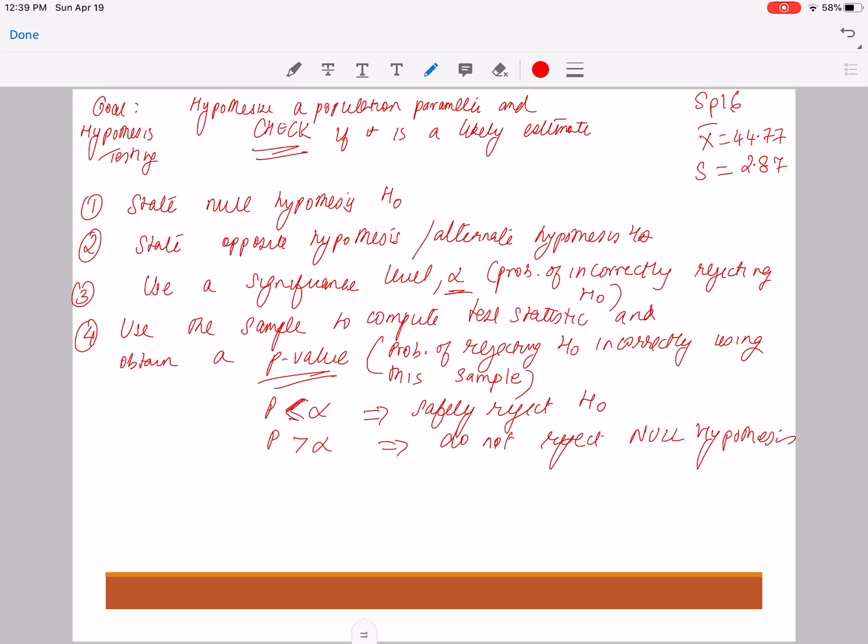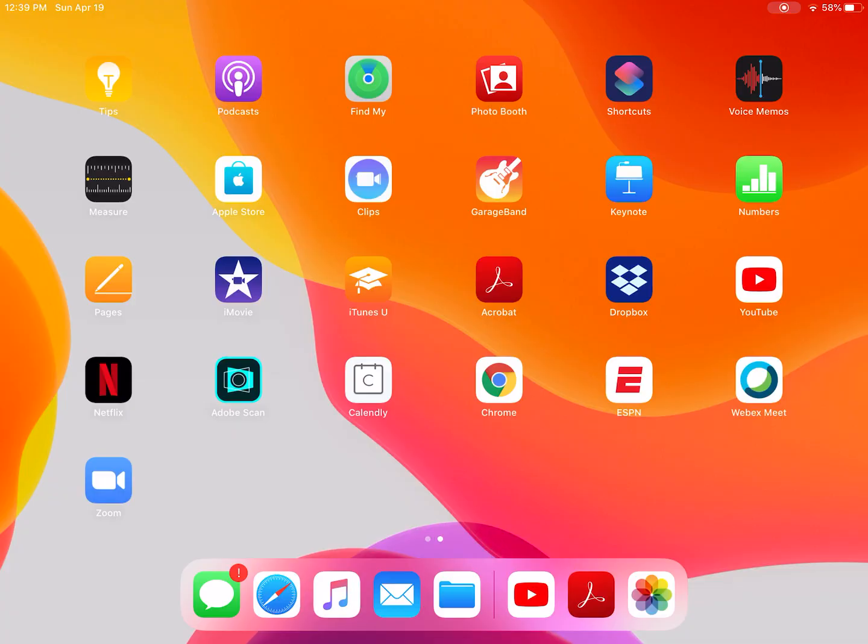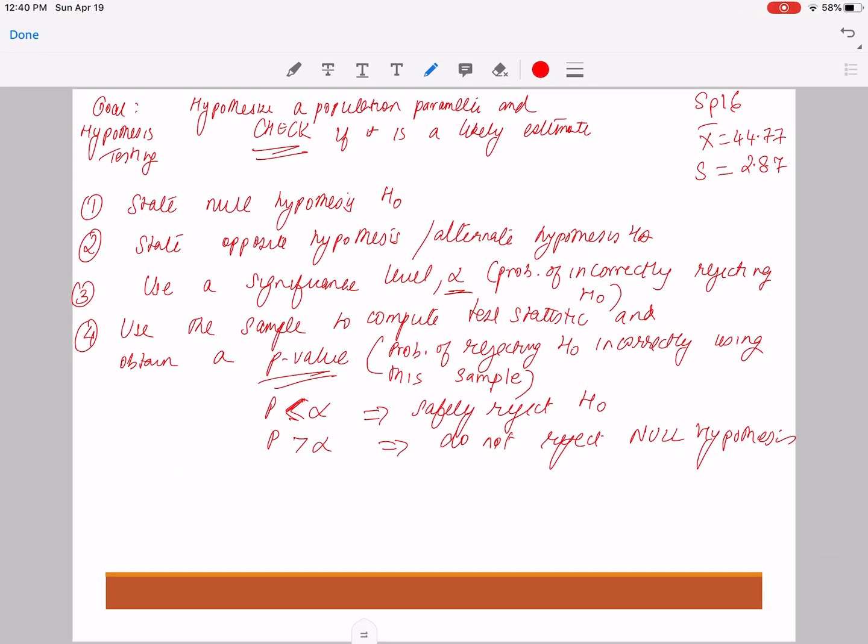So these are the 4 steps that are used in order to perform the hypothesis testing.